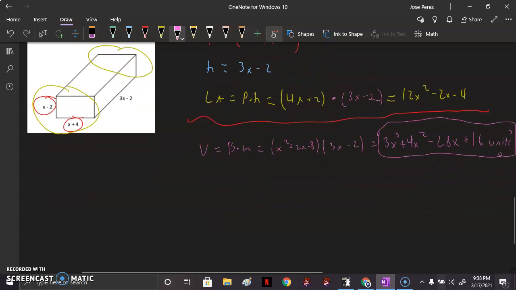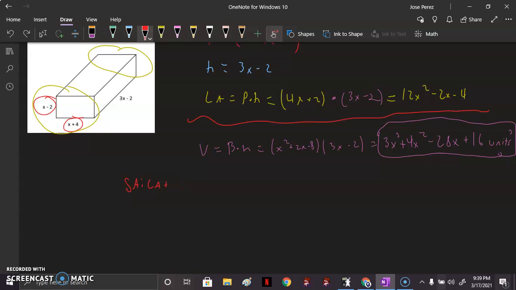And that's our first answer. Now, for the surface area, it would equal, if I remember correctly, LA plus 2B.